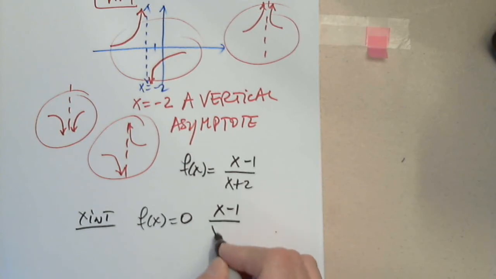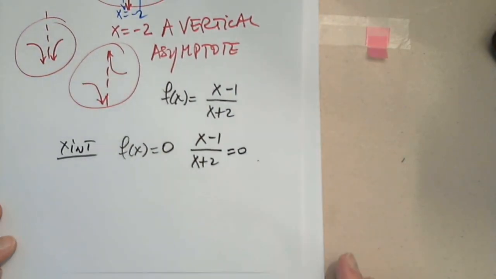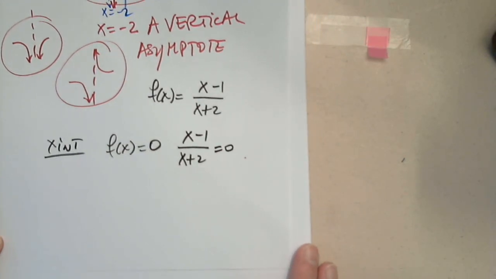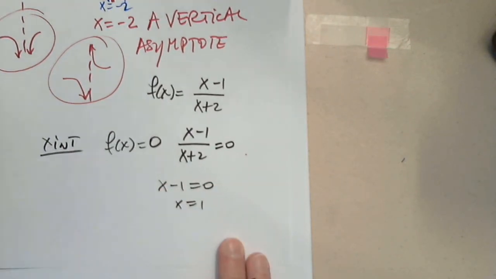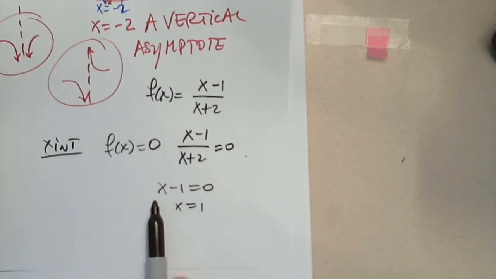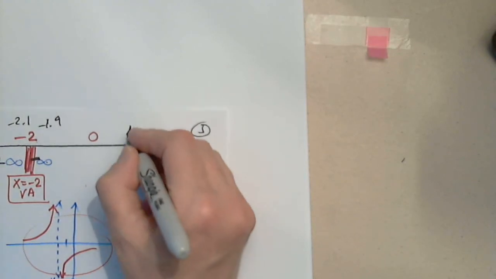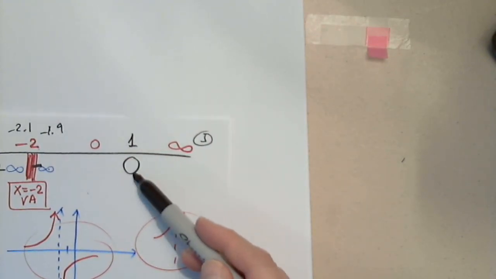So x minus 1 over x plus 2 equals 0. When is a fraction 0? The denominator? Never. The denominator cannot be 0. Oh, no, the numerator. Exactly. Which means x equals 1. A fraction is 0 if the numerator is 0, which means x equals 1. I put in the table 1, 0.